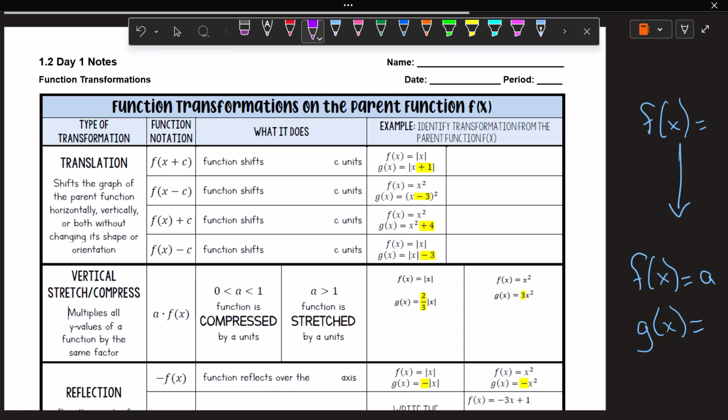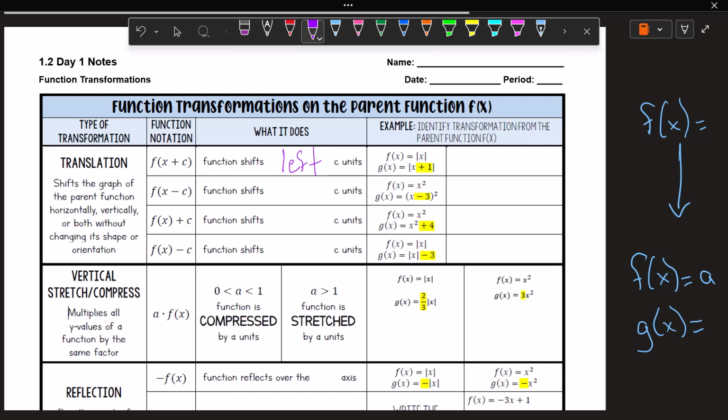So in this function notation, if the c is inside the parentheses with the x, then the function is going to shift left c units. So if we have f of x as the absolute value of x, and g of x is the absolute value of x plus 1, well, that plus 1 means we move 1.